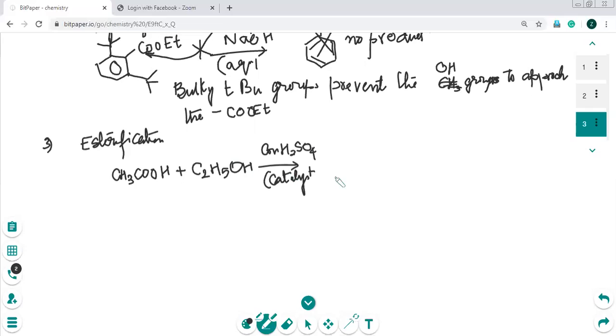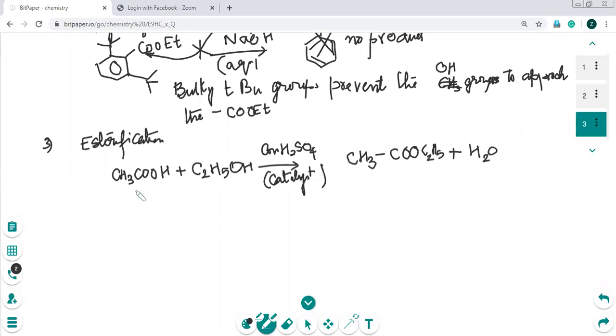This will give you CH3COOC2H5 plus a molecule of water coming out.